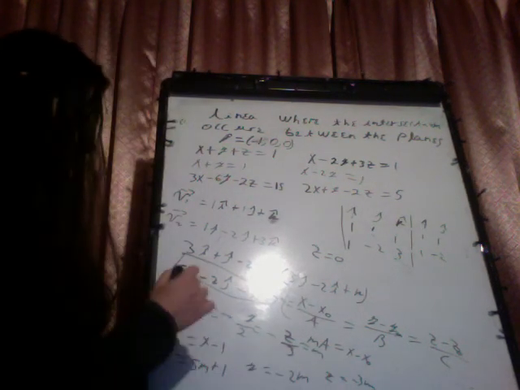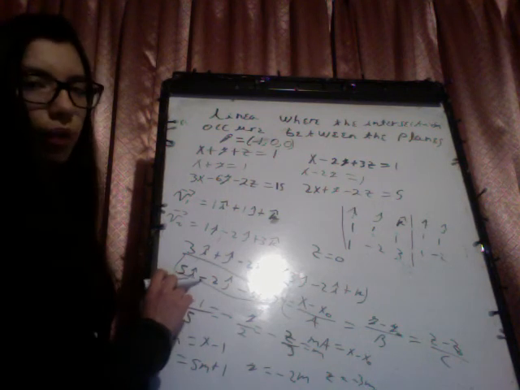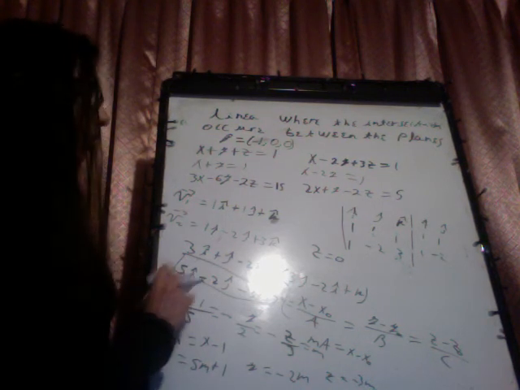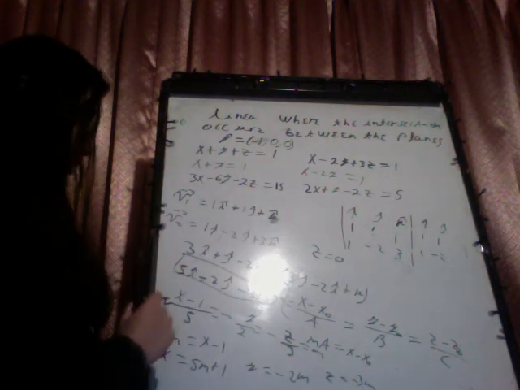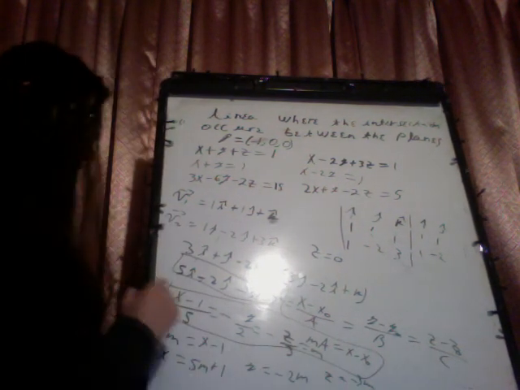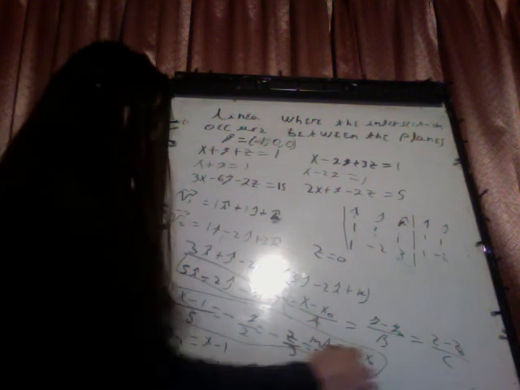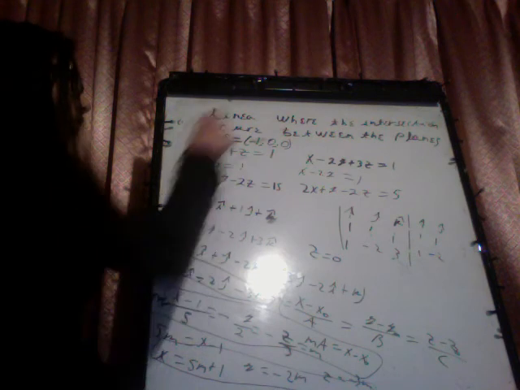So this is a vector parallel to the line of intersection between these two planes. These are the symmetrical equations of the line, and these are the parametric equations of the line for this plane.